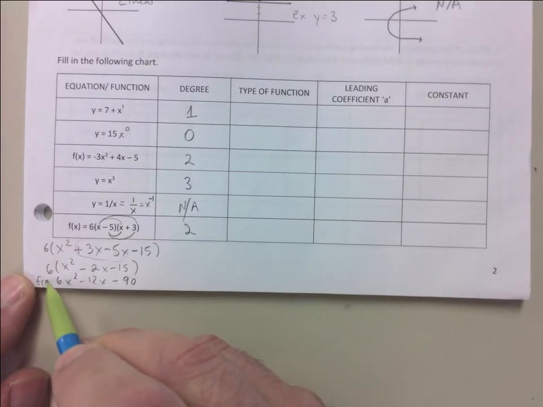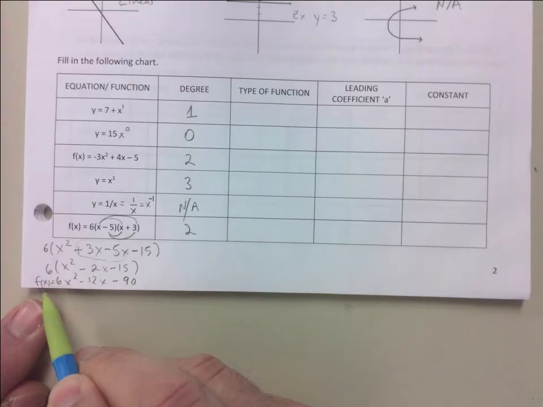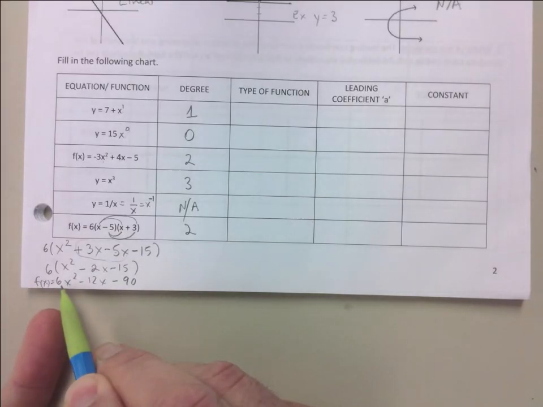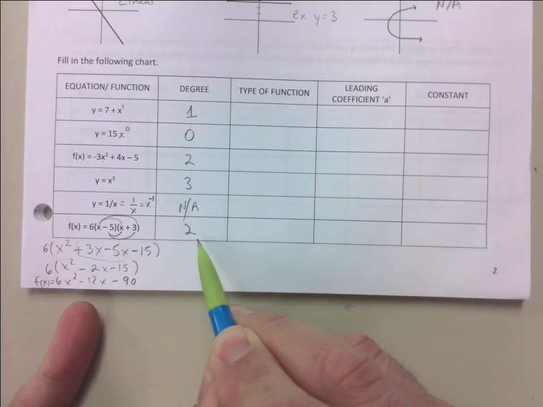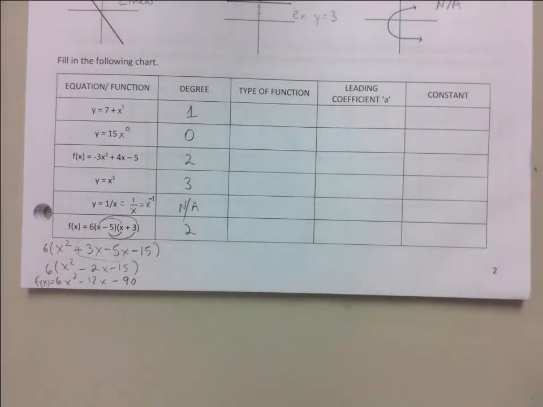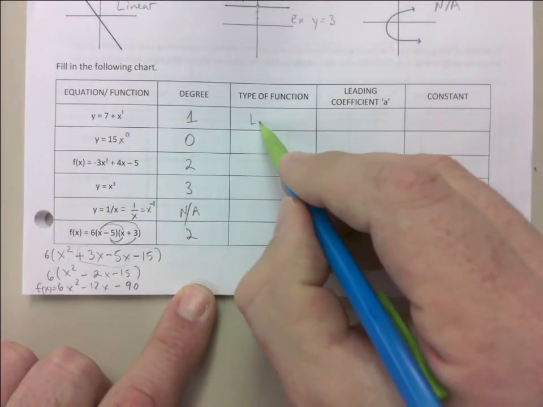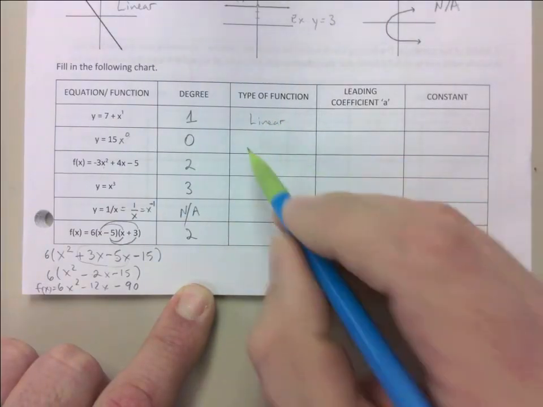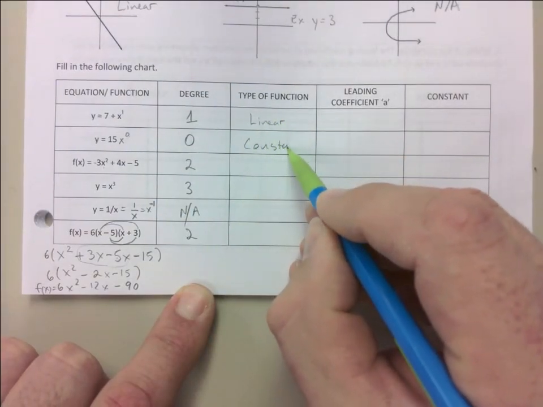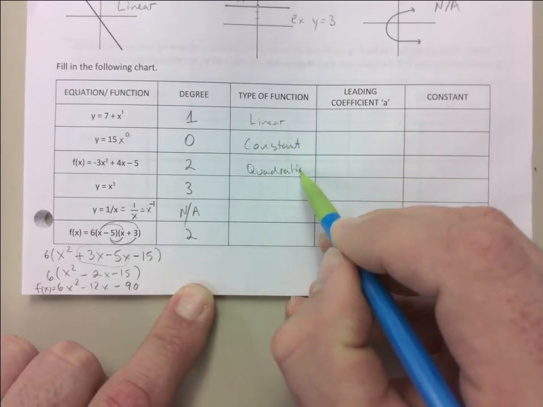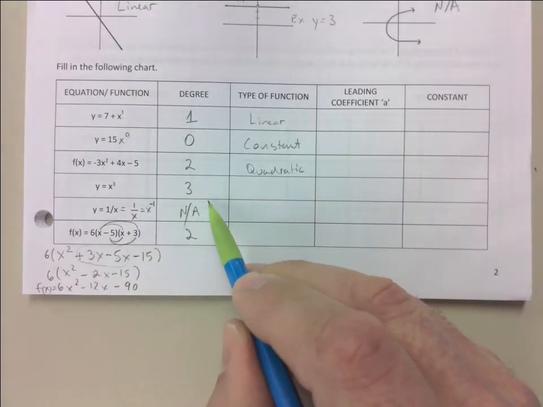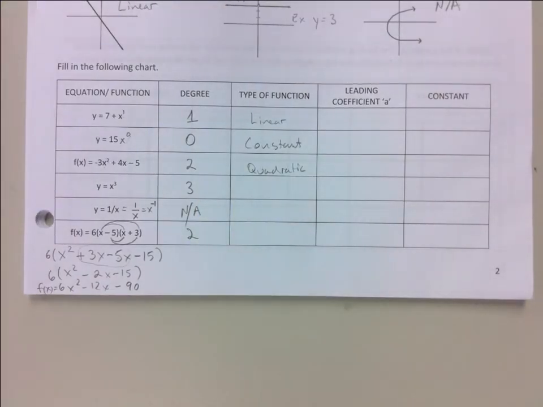Now you can go f of x at the very end. F of x or y, it doesn't matter. It's still a function. And so it's a degree of 2. Type of function: linear, constant, quadratic. What do you think a degree of 3 will be called?